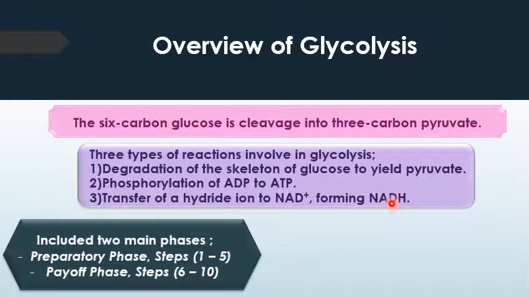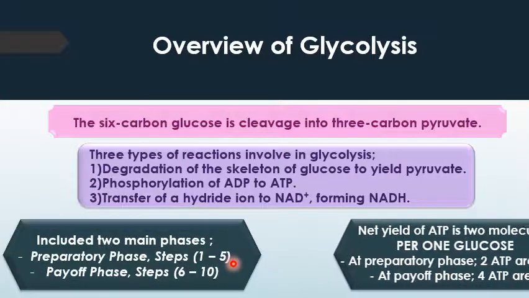Also, the process can be divided into 2 main phases: from step 1 to step 5, named the preparatory phase, and from step 6 to step 10, named the payoff phase.